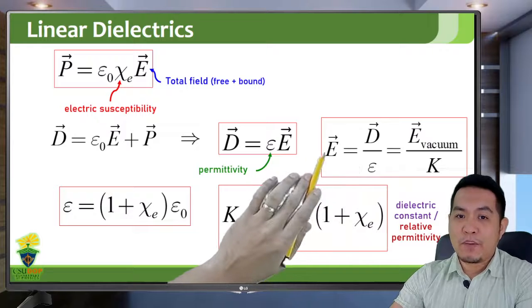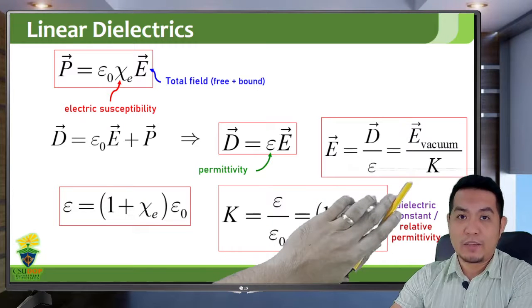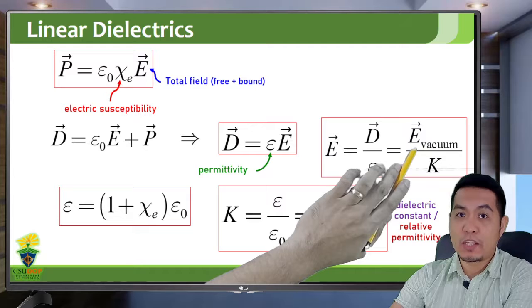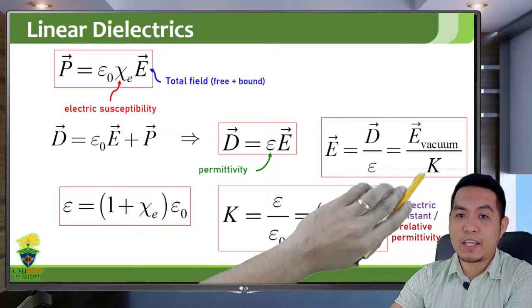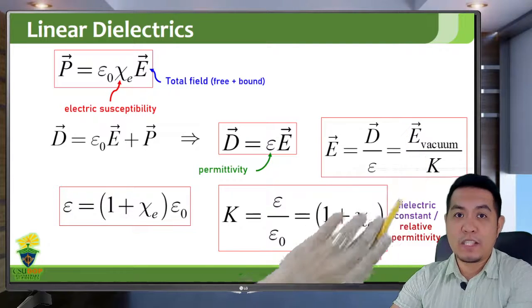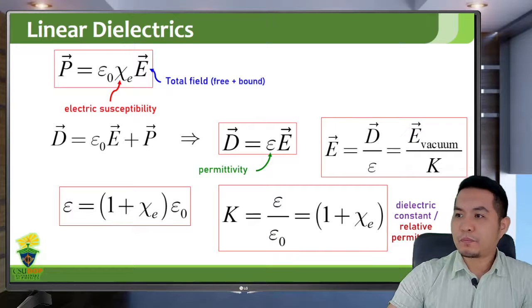The electric field inside the capacitor with dielectric will decrease by a factor of 1 over K. This is the electric field in vacuum, the original electric field, and when you insert a dielectric with constant K, the new electric field becomes 1 over K times the original electric field.